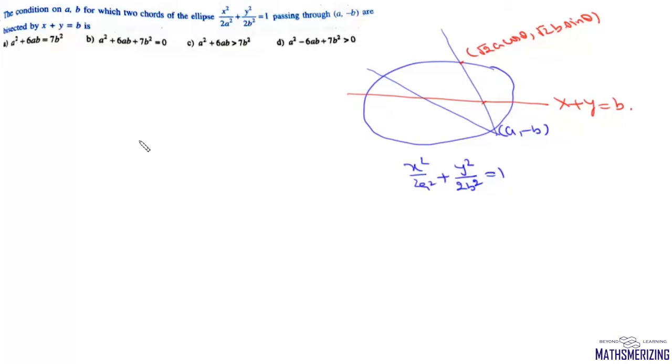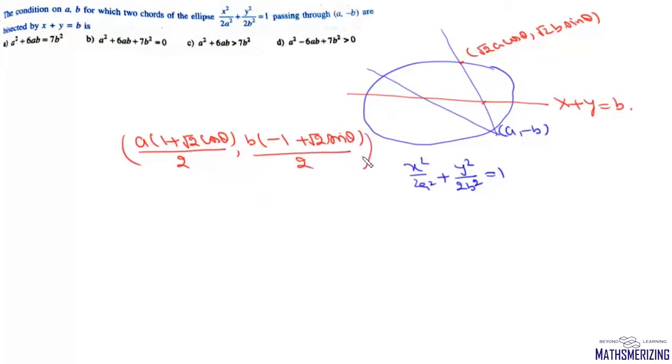Its midpoint will be a(1 plus root 2 cos theta) upon 2, and here it will be b(minus 1 plus root 2 sin theta) upon 2. Now this midpoint will lie on this line.